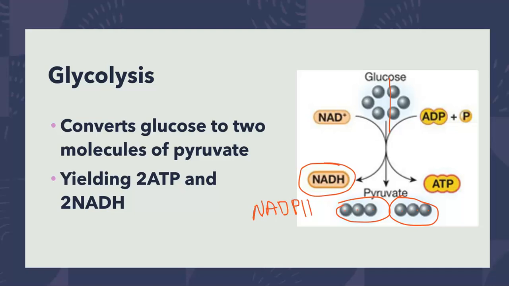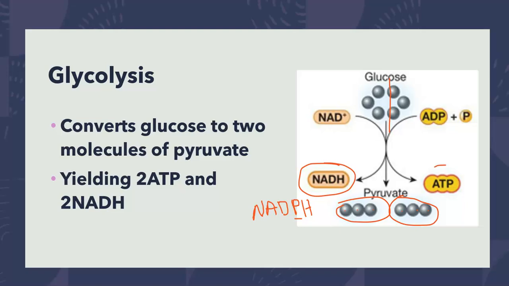NAD is what we find in cellular respiration, and NADP is what we find in photosynthesis. That P refers to a phosphate, but think of the P as representing photosynthesis, because we only see NADPH in photosynthesis and NADH in cellular respiration.